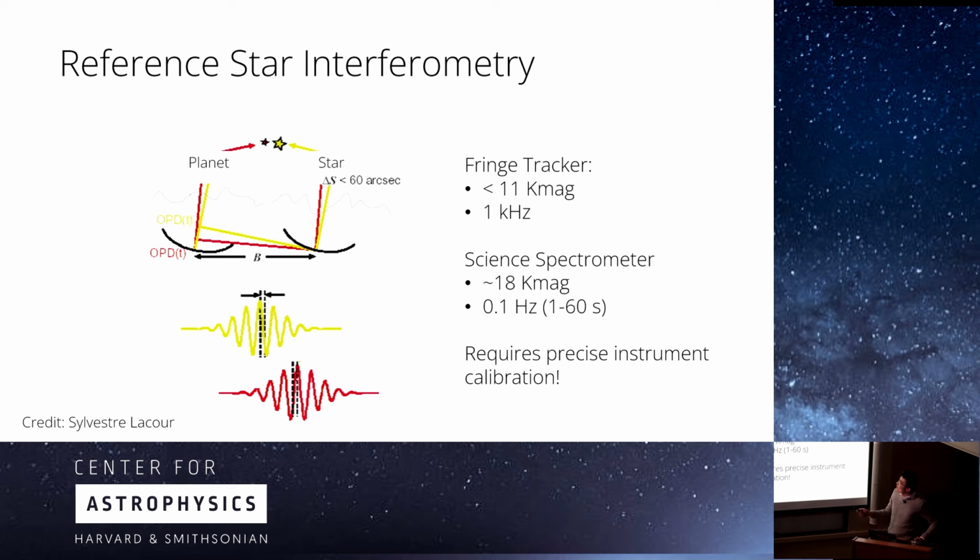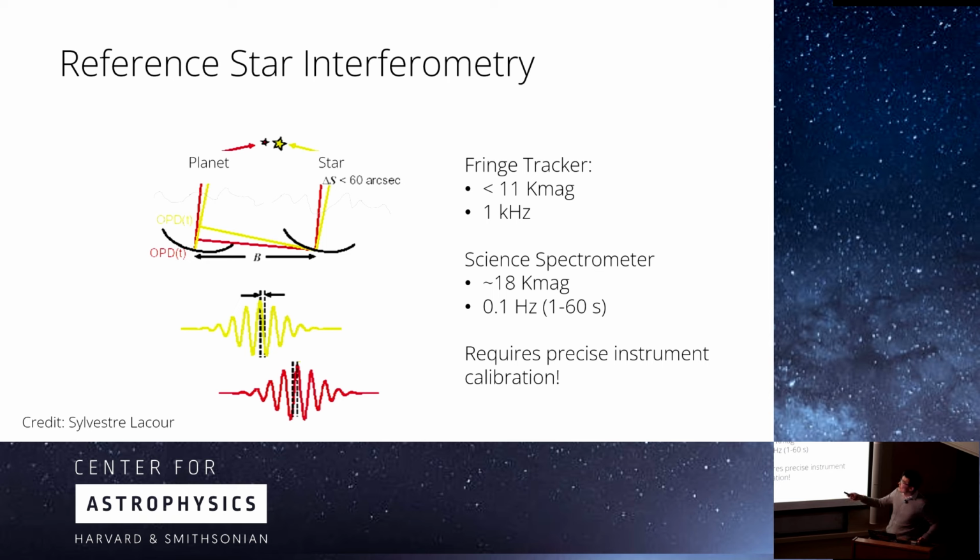So what GRAVITY does is what I call reference star interferometry; they call it dual field mode. It's basically, they're able to have two interferometers. One interferometer is the fringe tracker that points at a bright star, say the exoplanet host star, and constantly measures and corrects for the optical path difference in the atmosphere.